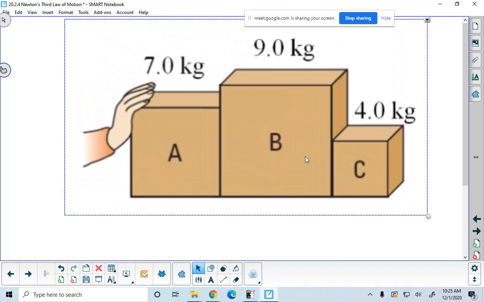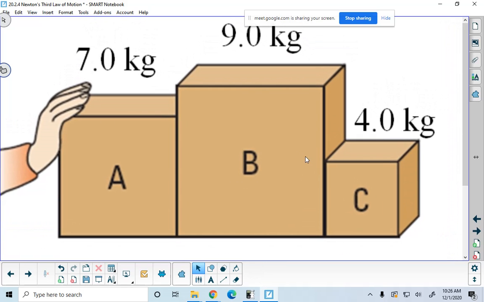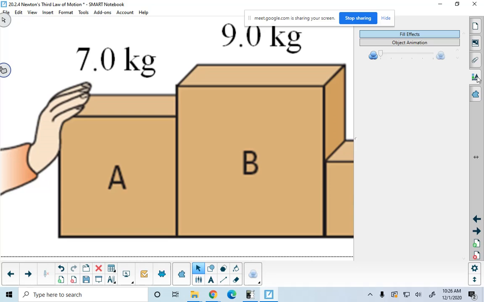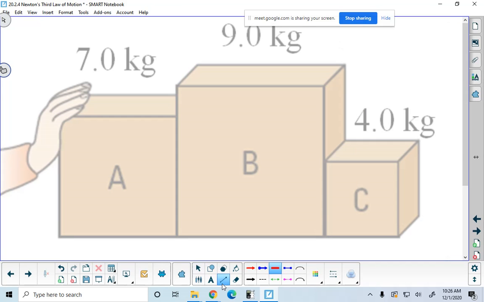On box C, so this is going to get very messy. On box C, there will be a forward force that will be the force on box C due to box B. I'm going to write that down.